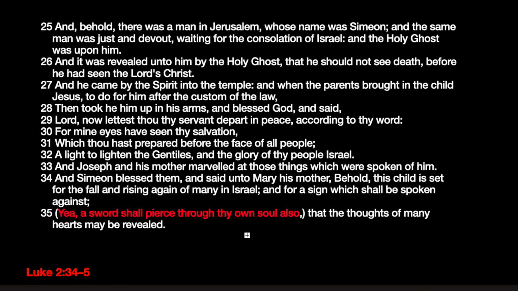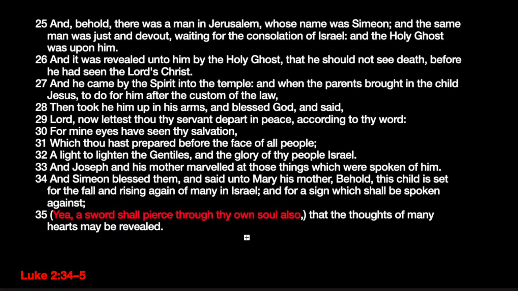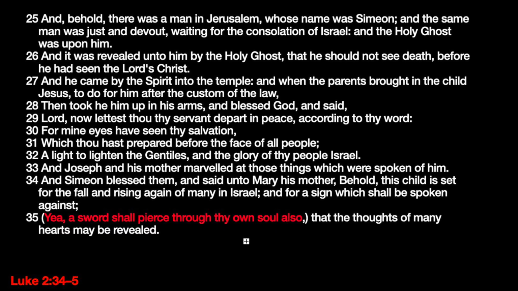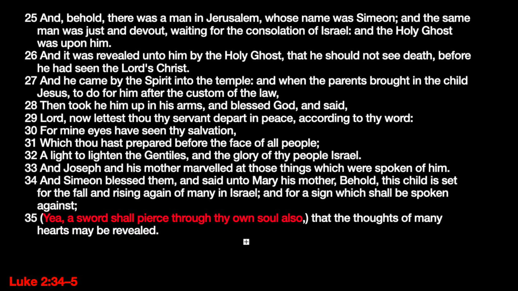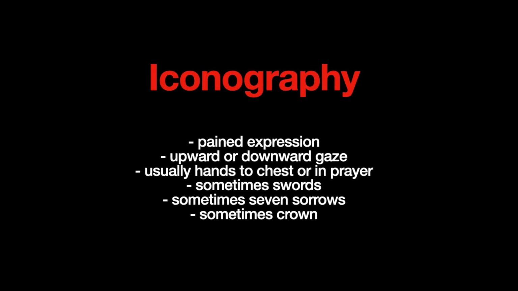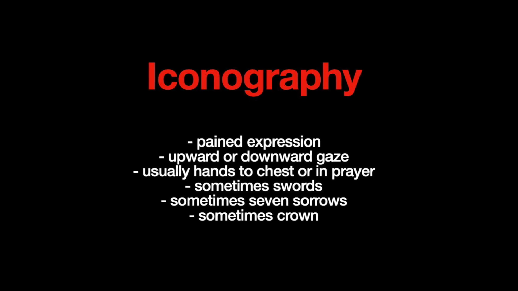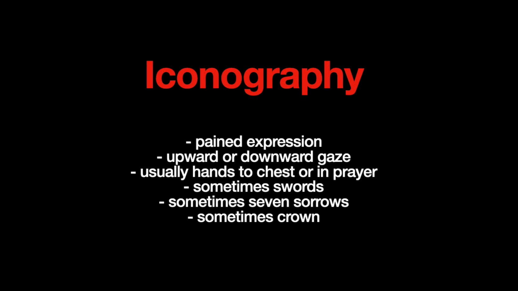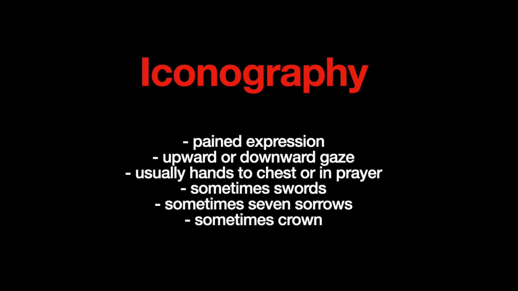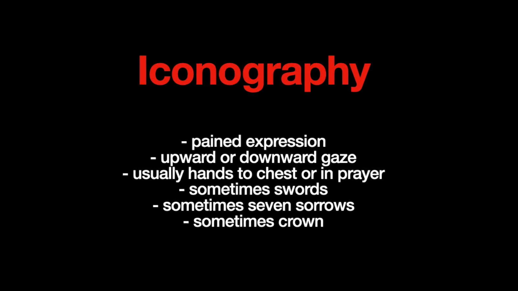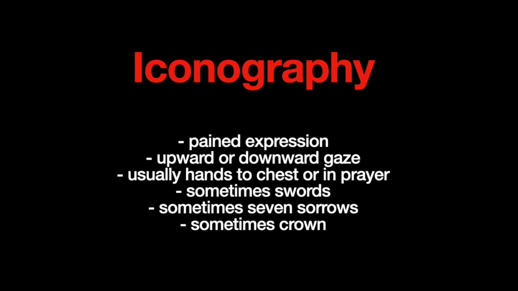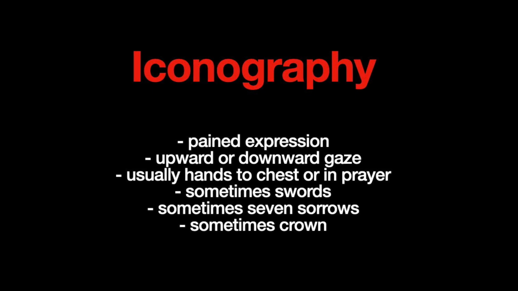So the famous line is, "Yea, a sword shall pierce through thy own soul also." So if you see a sad Mary and she's surrounded by seven swords, or if she is surrounded by these seven stories of her sorrows, you can be sure that you're looking at a Virgin of Sorrows.